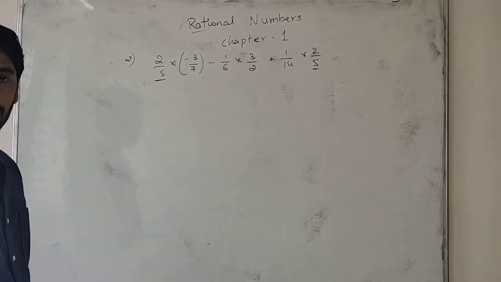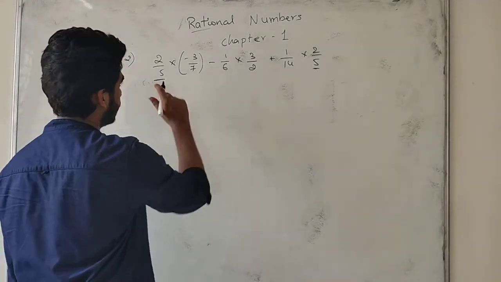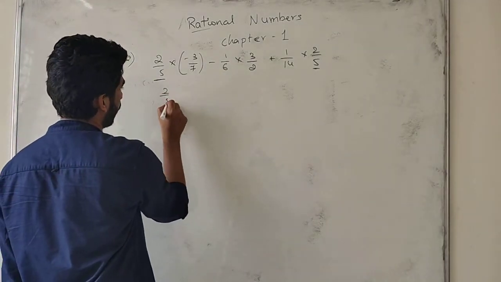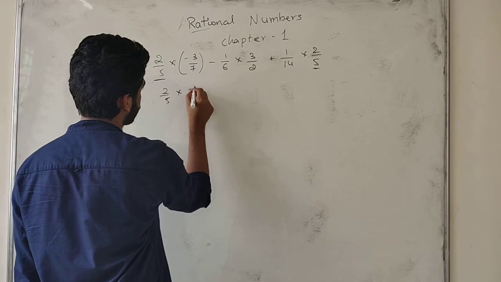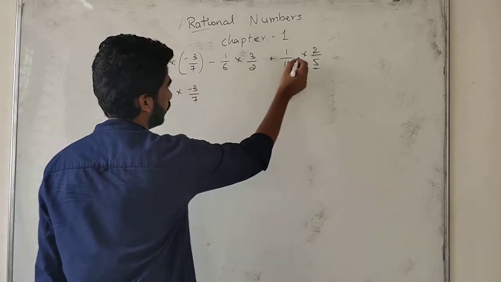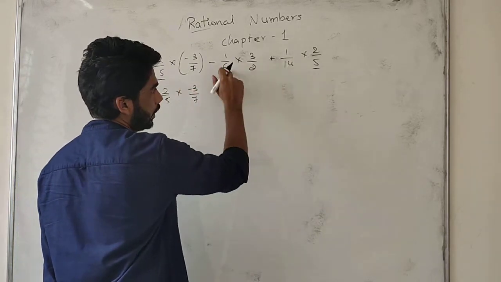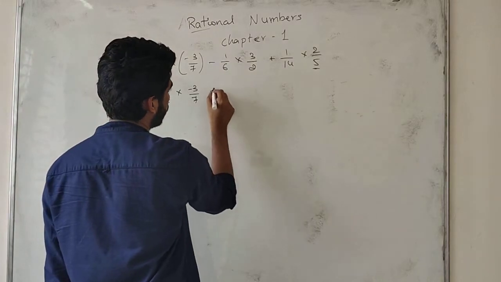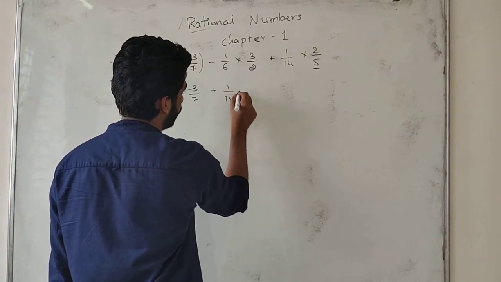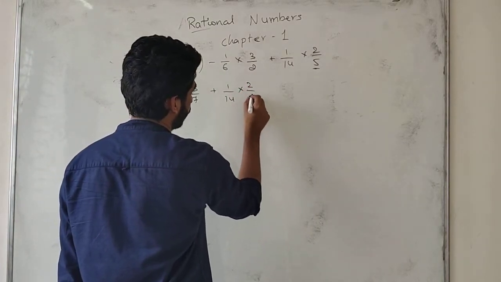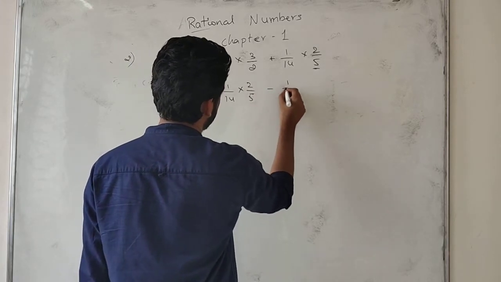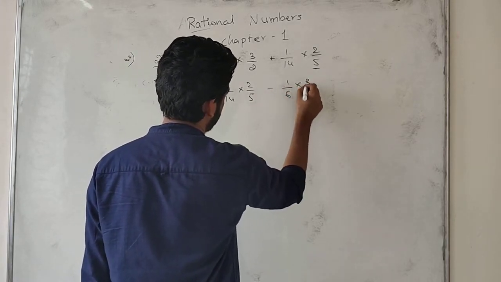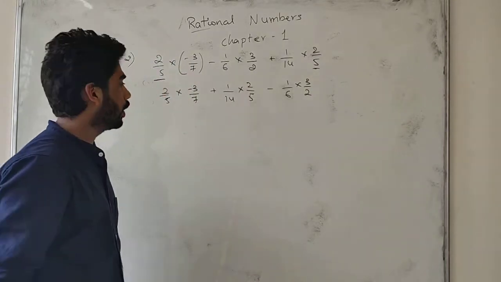This is the commutative property. So 2 by 5 into minus 3 by 7, we just shift it from here to here. So we'll get plus 1 by 14 into 2 by 5 minus 1 by 6 into 3 by 2. Okay.